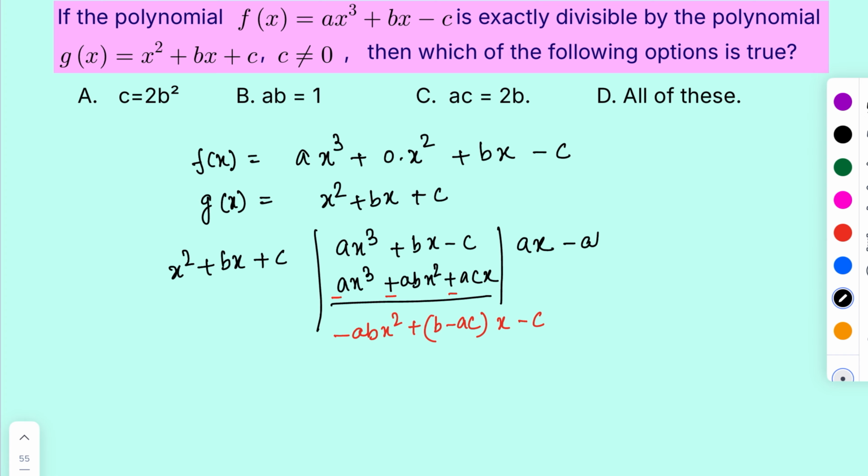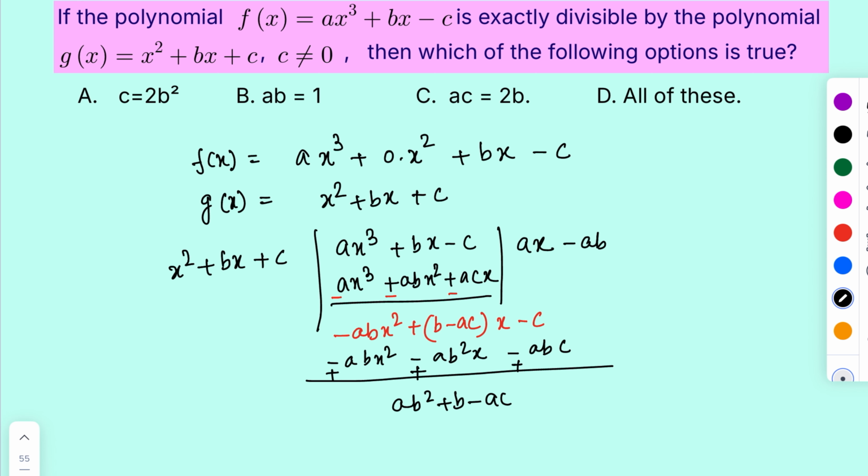Now here you put minus ab, so it will be minus abx square minus ab square x minus abc. After subtraction, we will get (ab square plus b minus ac) into x plus (abc minus c).